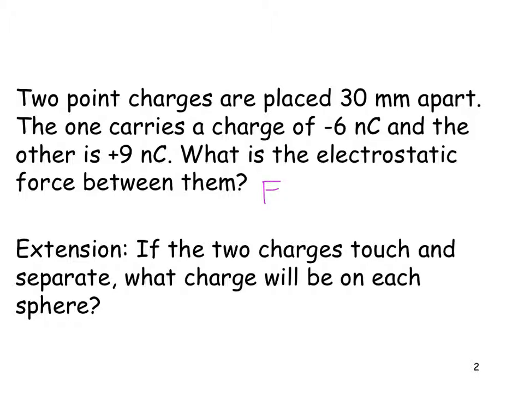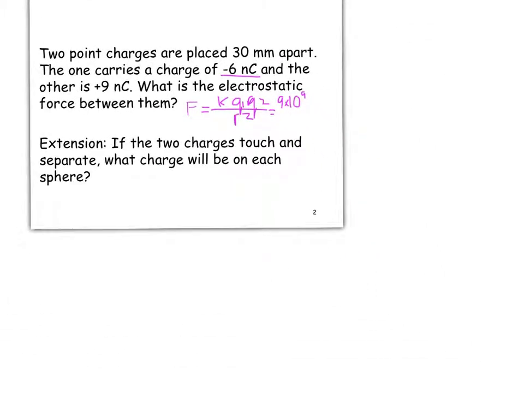So F is equal to K Q1 Q2 over R squared. And I substitute in the values, it's 9 times 10 to the 9. The first charge is 6 nanocoulombs. So I am going to need to make that into a coulomb. And how do I do that?